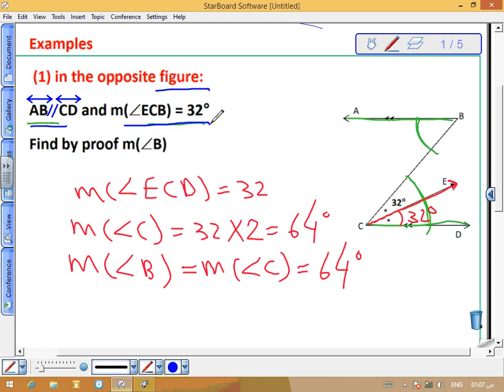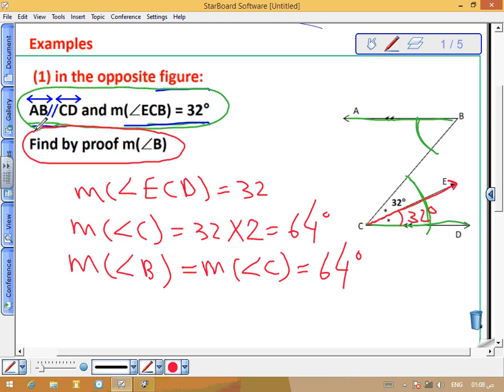This part represents the given information that helps me to solve the problem. Then find by proof, or just find measure of angle B. And this part represents the question in the problem.